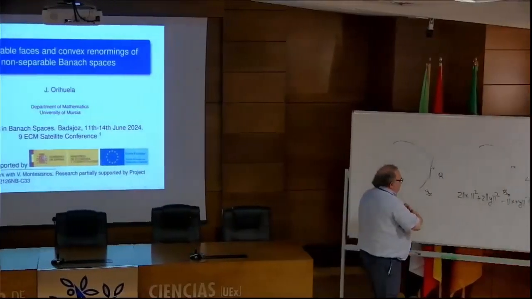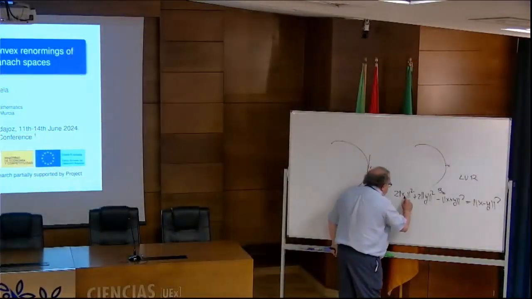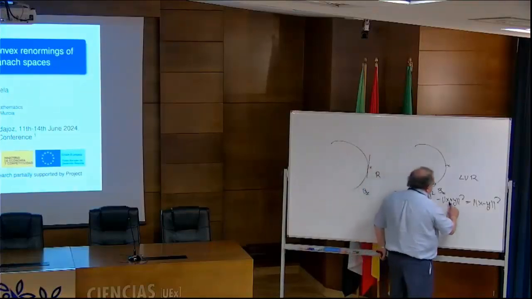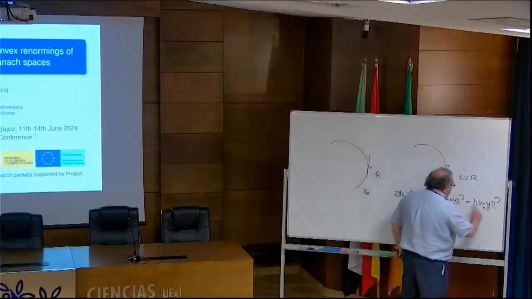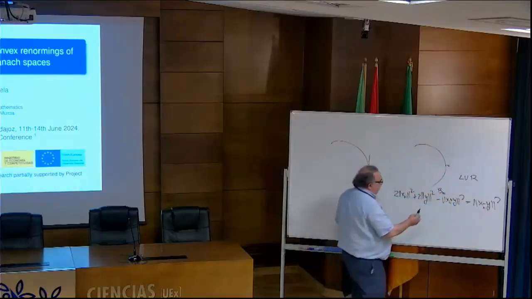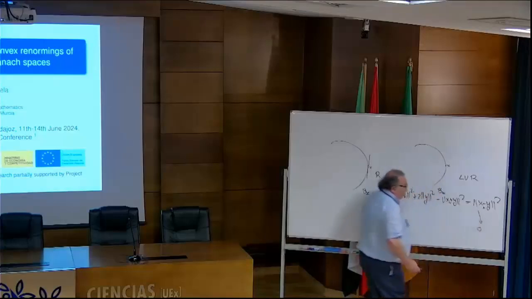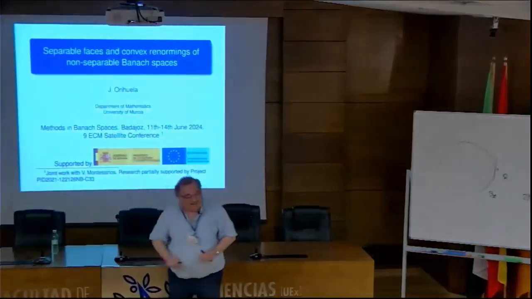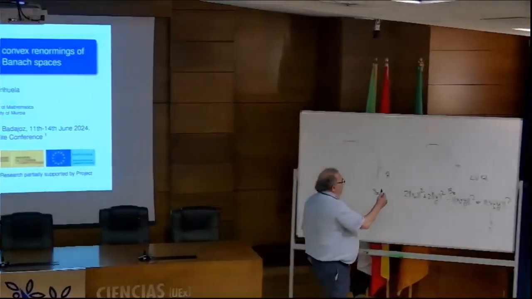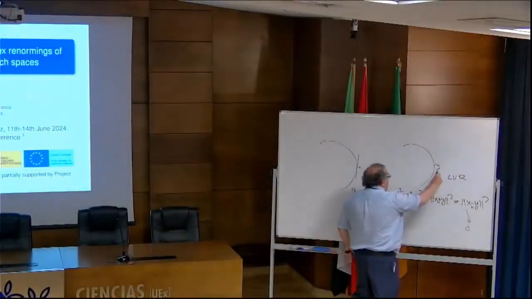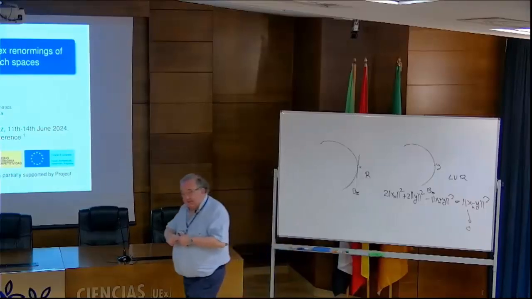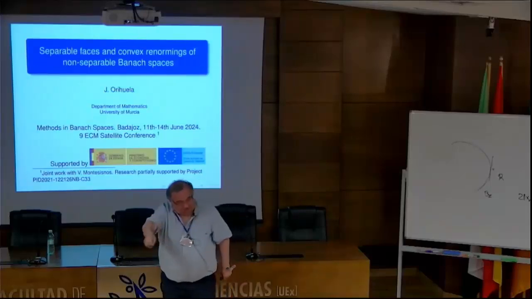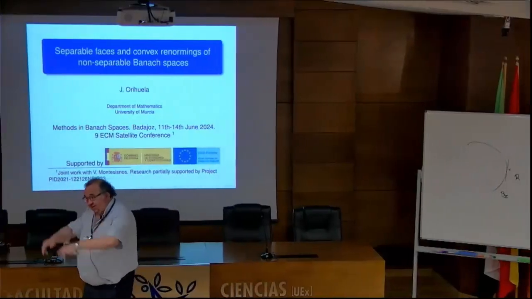And locally uniform rotundity means that if I write here x_n plus y, x_n minus y, then this must go to 0. So locally uniform rotundity at the point y means that the parallelogram law holds asymptotically at that point.